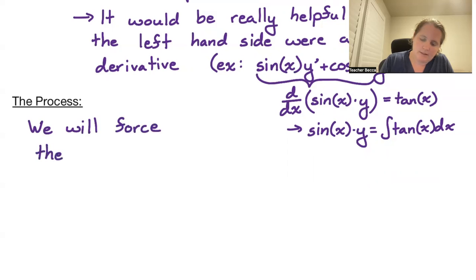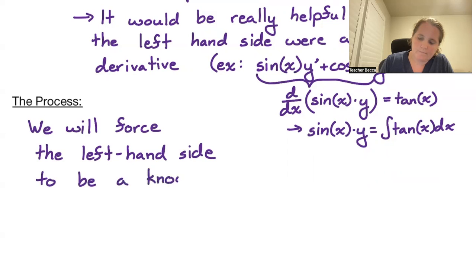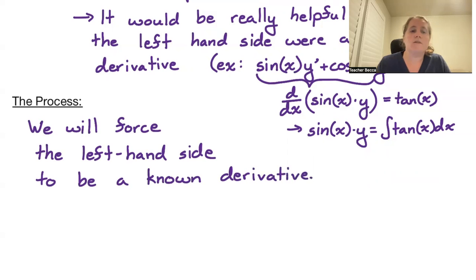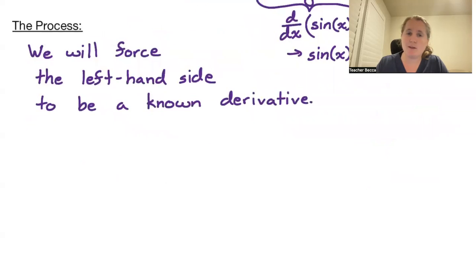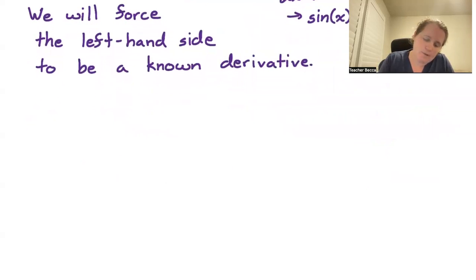So the process, essentially, we are going to force the left-hand side to be a known derivative. To do this, we will use something called an integrating factor.